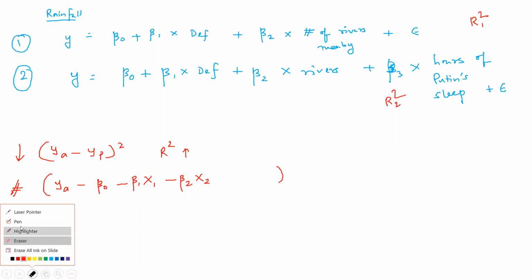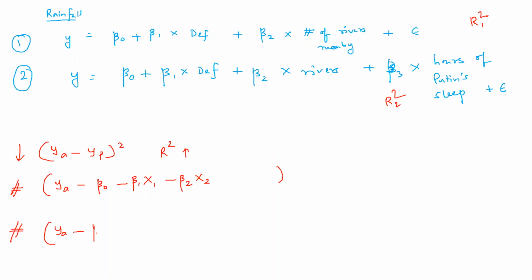And in the second case, I have done Y actual minus some beta 0 dash, new beta 0 because it's a new regression, minus beta 1 dash x1 minus beta 2 dash x2, minus beta 3 dash x3, that square.